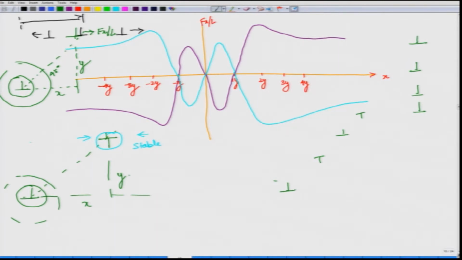So, we are able to get so much information just using this Peach-Koehler relation.